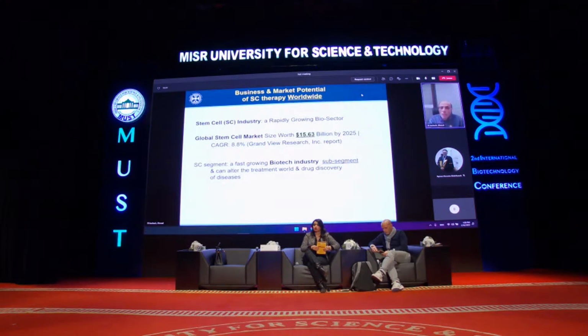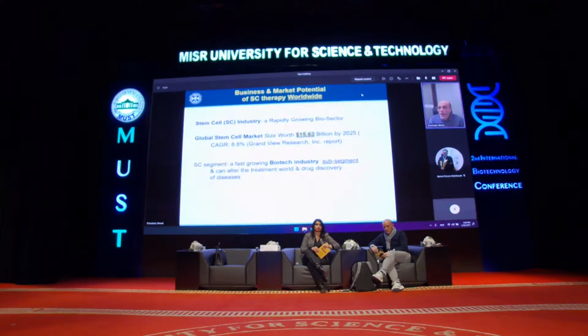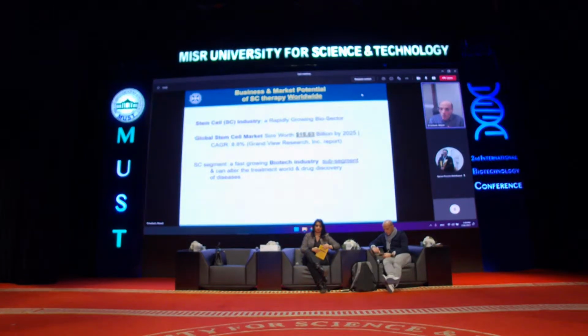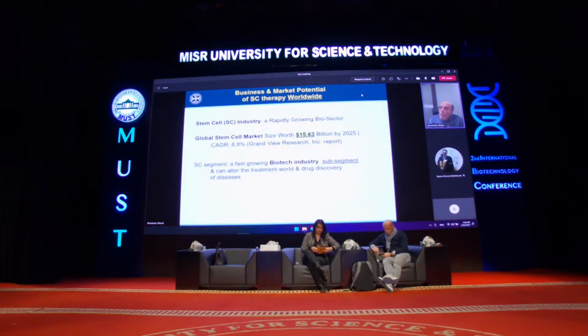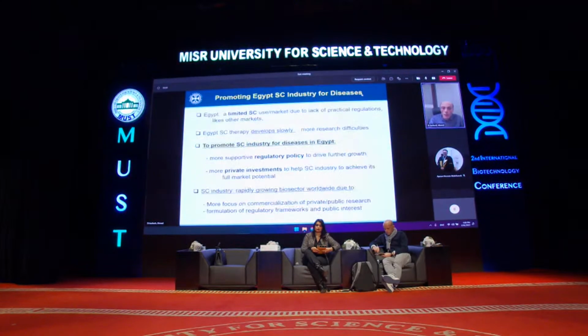Actually, the number is more than that, but this is the figure I have. The global stem cell market size is worth $16 billion. And the stem cell segment is a fast-growing biotech industry and can alter the treatment of the world's diseases and also the discovery of different medicines and drugs.